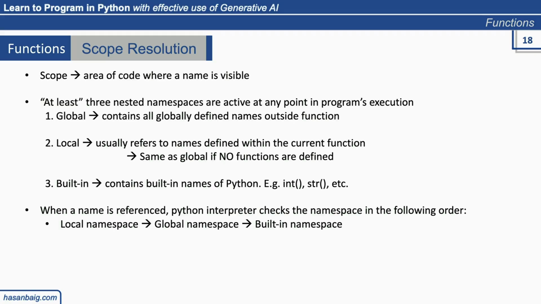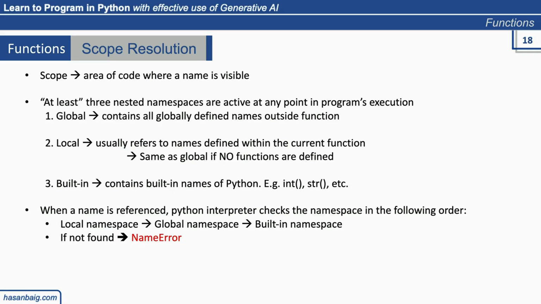It will not find the definition of the print function in this space, so it will expand its search and look within this space called the global namespace. Of course, it will not find the definition of print in the global namespace either. So it will go beyond the global namespace and search in the built-in namespace. This is where it will find the definition of the print function. Once it finds it, it will use that. If it does not find it, then it will throw an error.